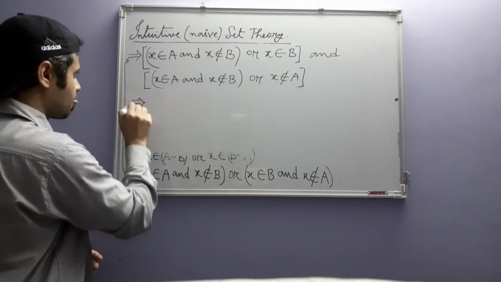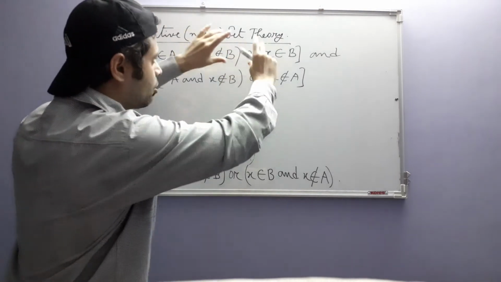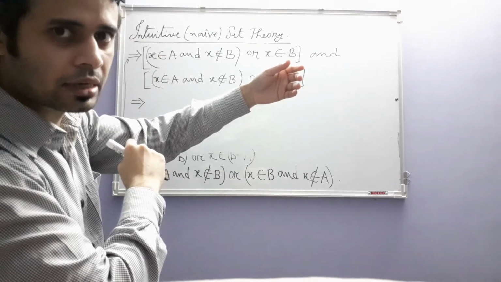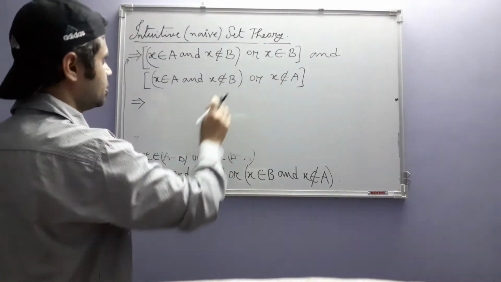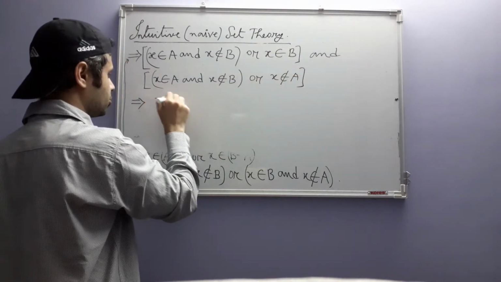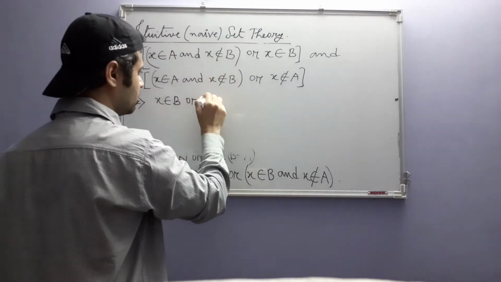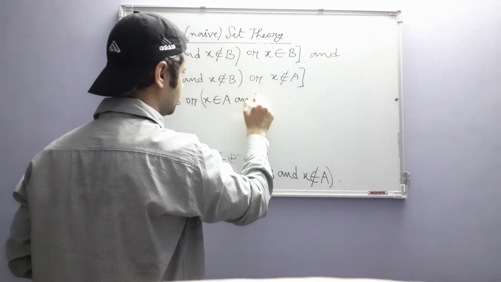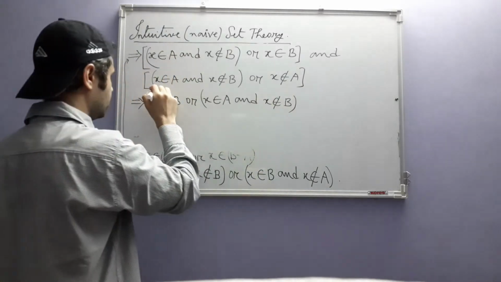Now, this is a disjunction. P or Q. That can also be written as Q or P, right? Because disjunction and conjunction are both commutative. So I write Q first. X belongs to B, or then I write this one. X belongs to A and X does not belong to B. Don't forget the brackets, okay?